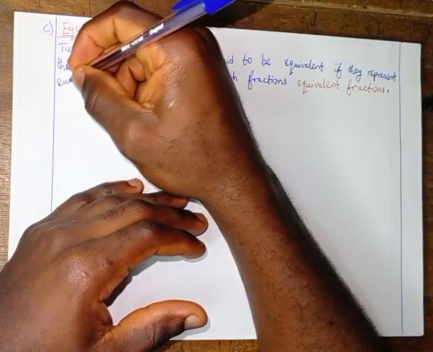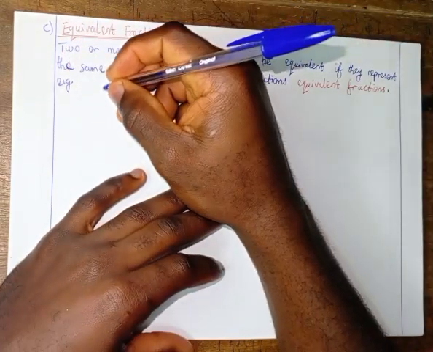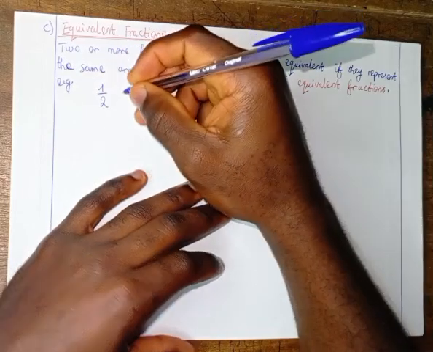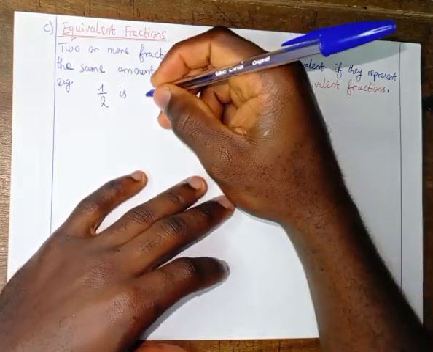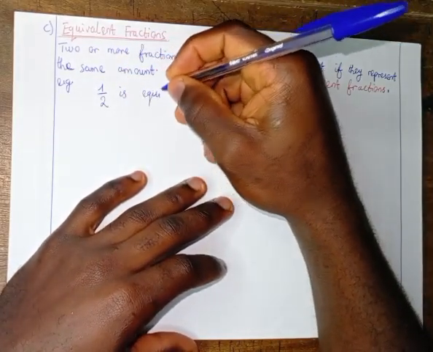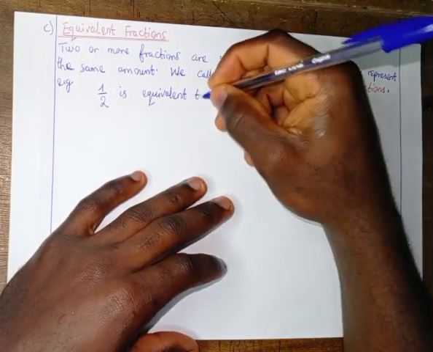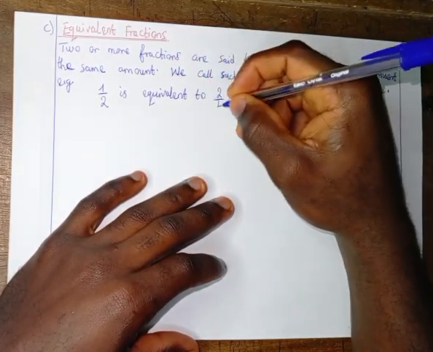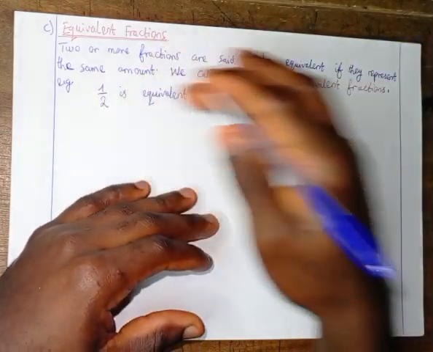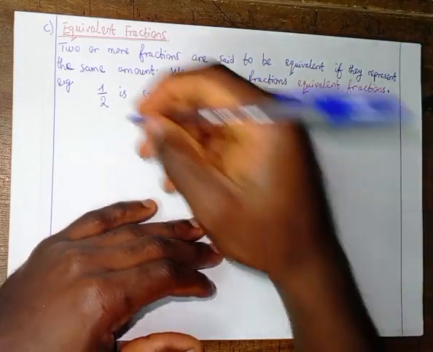E.g., for example, a half is equivalent to 2/4. That means these two fractions represent the same amount.